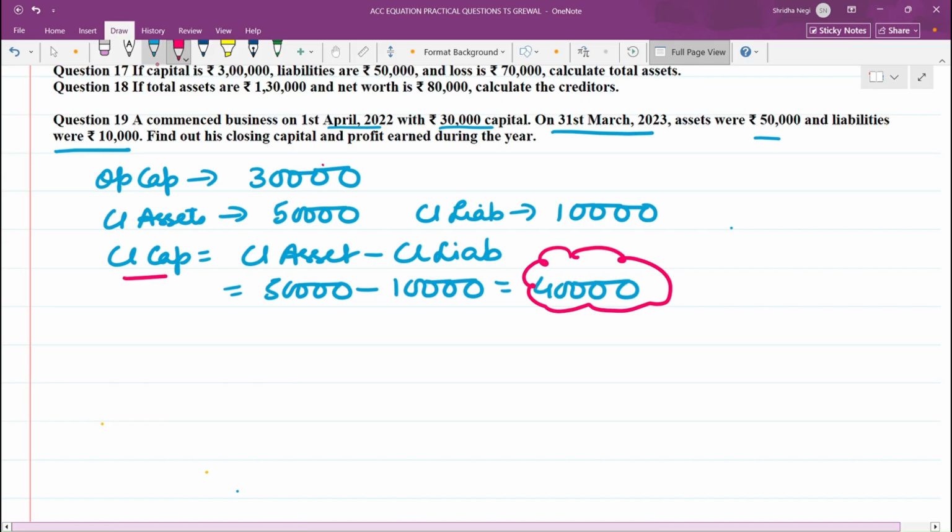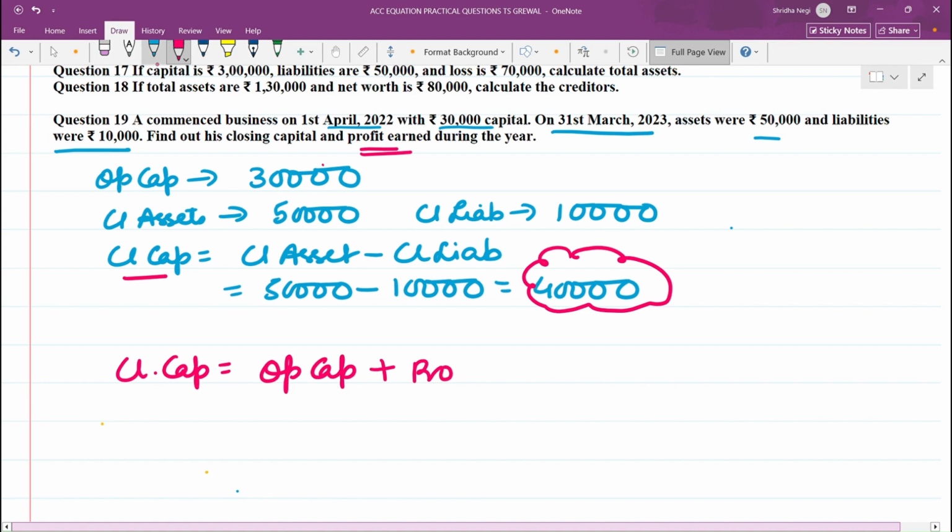Now how does this closing capital come about? Closing capital is always equal to opening capital plus profit, minus drawings. When they are asking for profit, that means profit must have been there. See, your opening capital is 30,000 and your closing capital is 40,000.